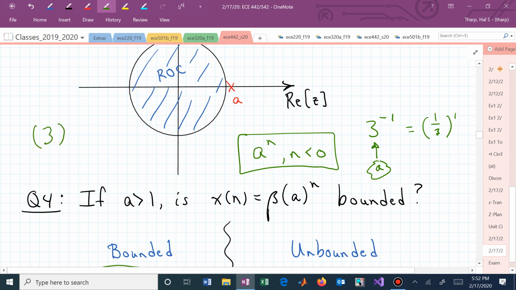We have 3 to the minus 1 for n less than 0. Or this is now 3 to the n. You could say, well, that's kind of confusing, but you could relabel that and say, why don't I say L and n are opposites, so this is now what I have. And now I have 1/3 to the L, and L is going positive.